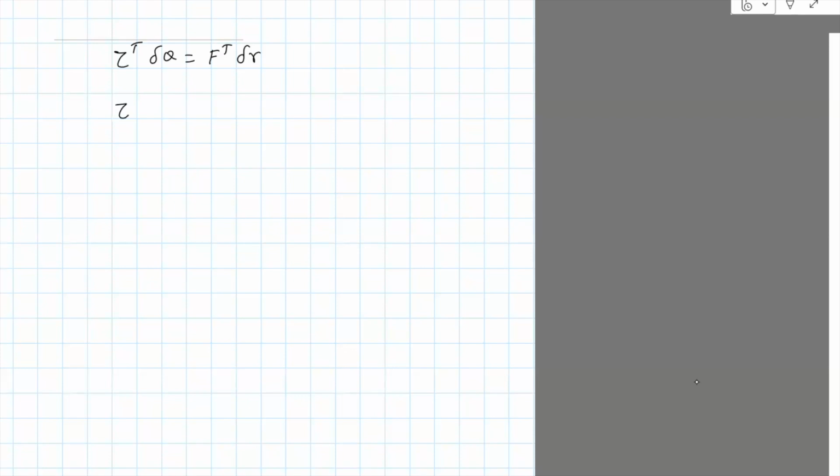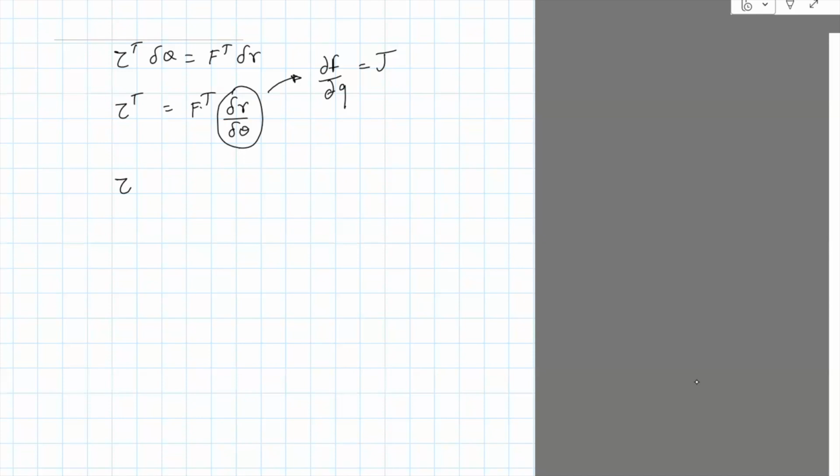I can divide both sides by d theta. But this quantity here is the rate of change of, think of it in terms of the position of a point, which is F, with respect to the independent variables theta or q. So this is basically the Jacobian.